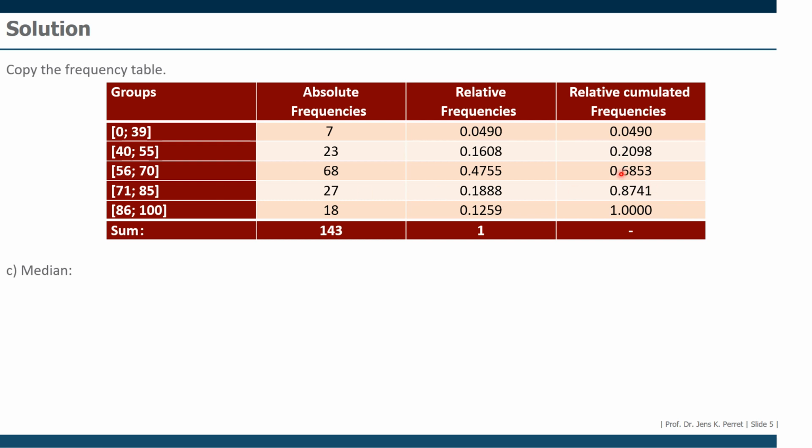How do we get this median? Well, we could use this formula, which simply means lower bound of the class. So 56 plus 0.5. And those 0.5, they're always there. This simply means we're going to calculate the median. So it's 0.5 minus the cumulated frequency of the class before.